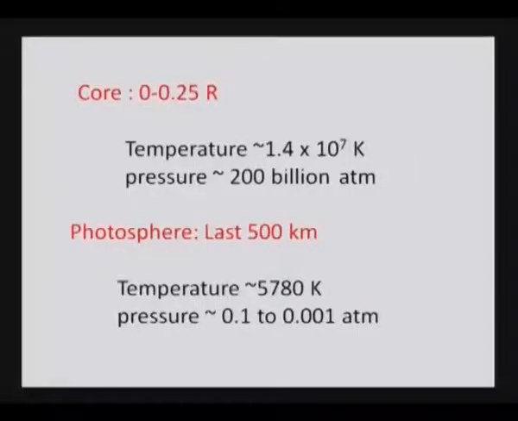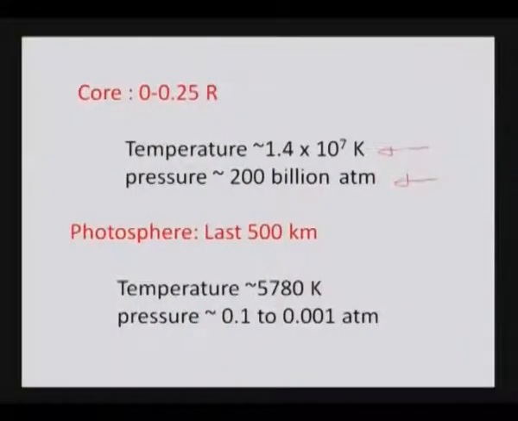Okay. So, in the core, the temperature, as I said, is around 1.5 or 1.4 times 10 to the power 7 Kelvin, and the pressure of the gas there is very, very high. Temperature is very, very high, and the pressure is also very, very high. The density of that gas there is, say, 160 times the density of water under normal conditions, say 160 grams per centimeter cube.